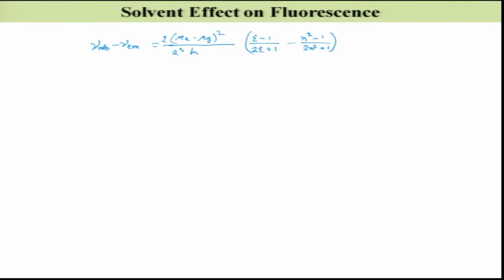So, what I got is this equation, and if you want you can change it to the wave number. If I change nu to nu bar, I have to divide this by another c, right.